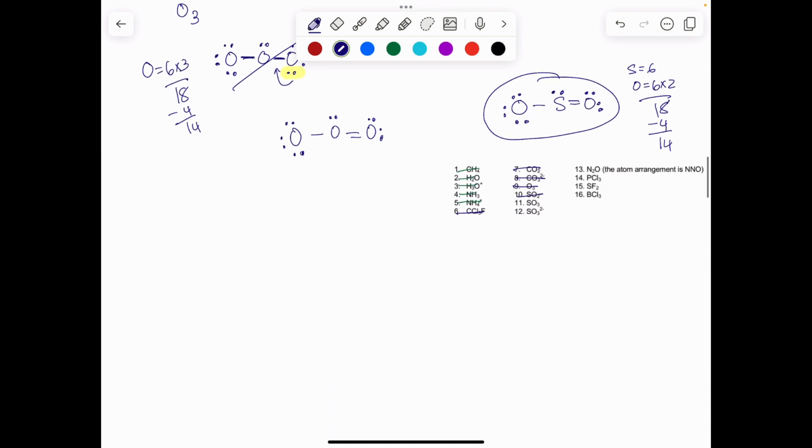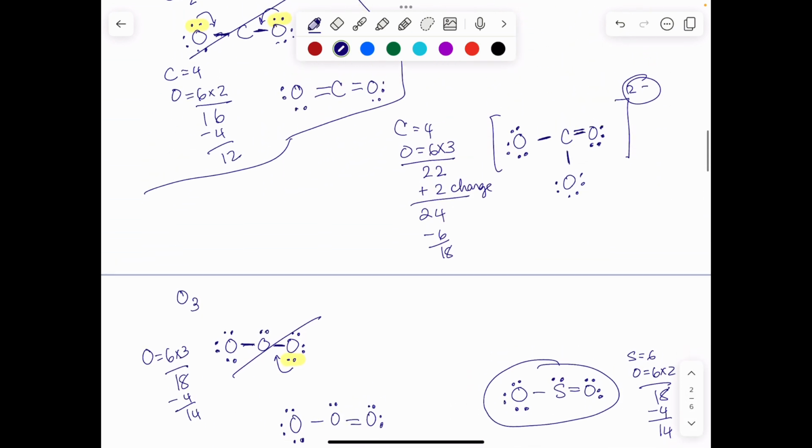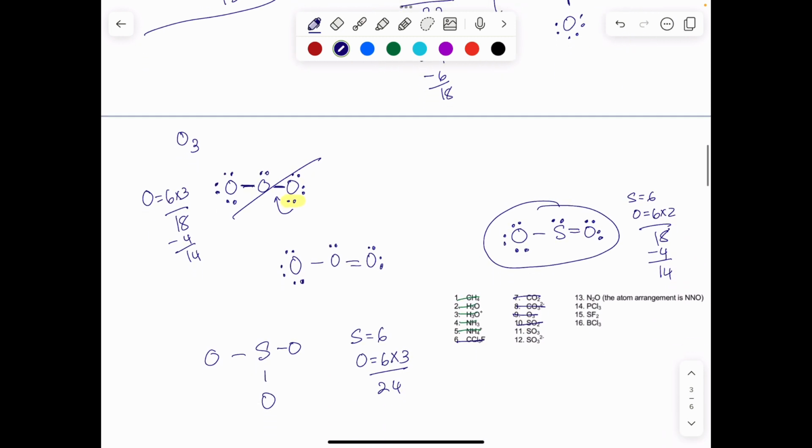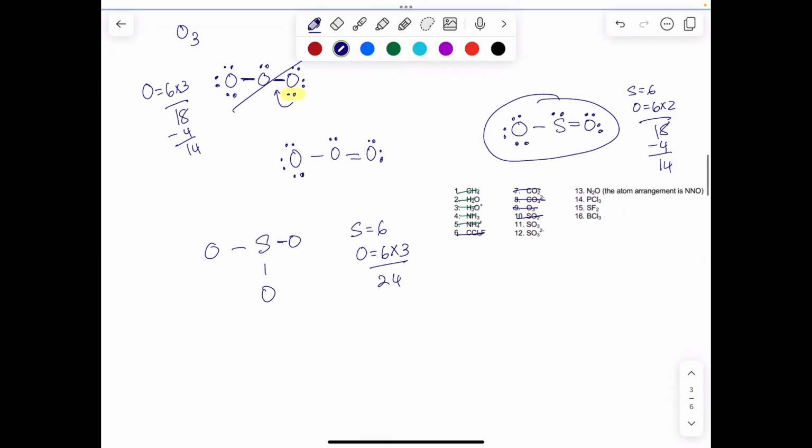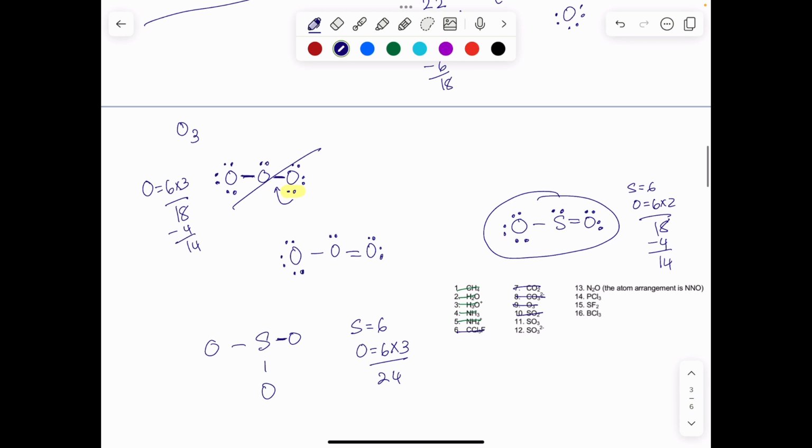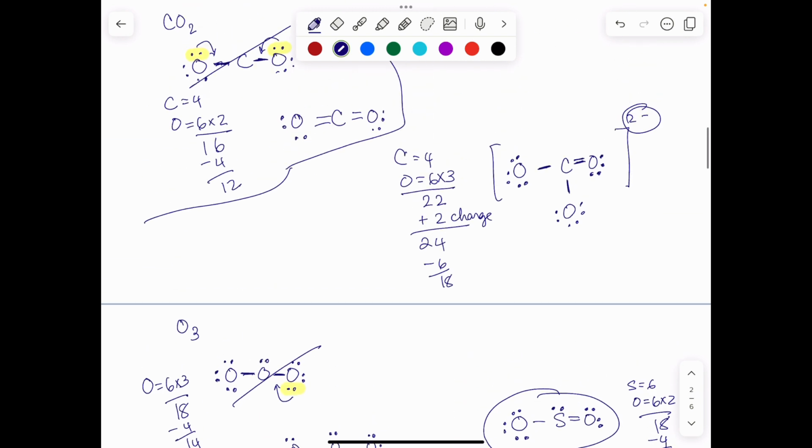All right. SO3, sulfur with 3 oxygens, sulfur 6, oxygen 6. That's 24. Looks a little similar to something we've already seen. If I look, he looks just like, remember the CO3 with a -2?